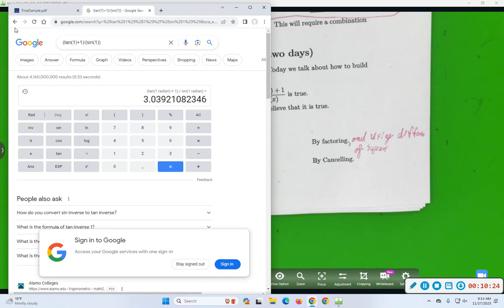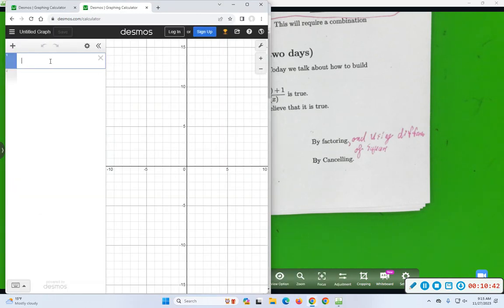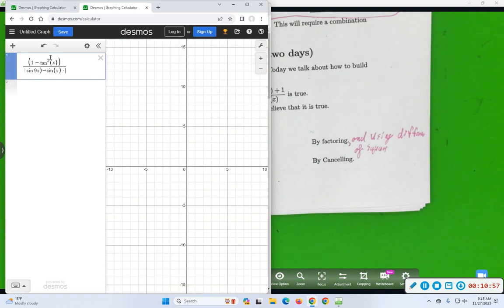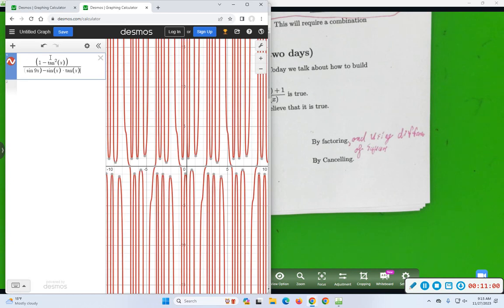What's something else that one could do that would maybe be more convincing than plugging in one sample point? Yeah, you could look at a graph, right? Because if you're using a computer, that's just plugging in more sample points. Let's try that. So let's graph both sides of this and see if it looks true. 1 minus tangent squared of x divided by sine of x minus sine of x times tangent of x.